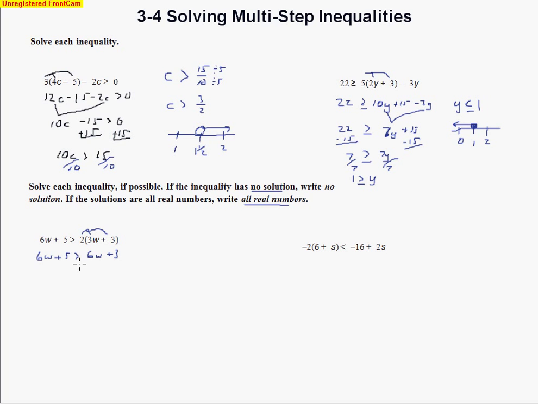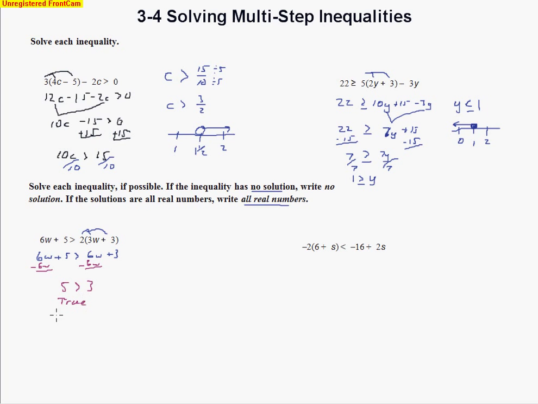When we go ahead and use the addition property of equality, in this case adding -6, that will cancel out the 6w's on both sides, leaving me with a true statement. 5 is greater than 3. So no matter what value of w we put in, we'll always get a true statement.